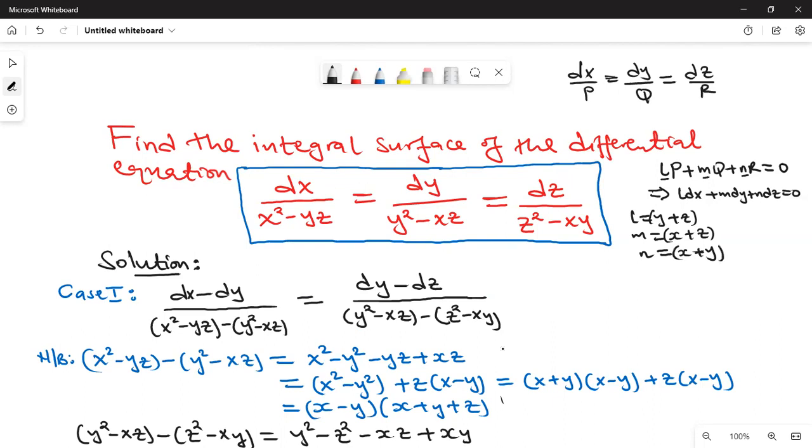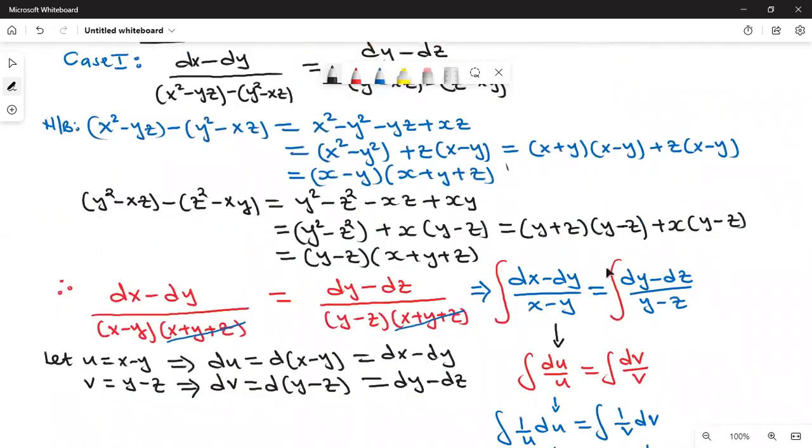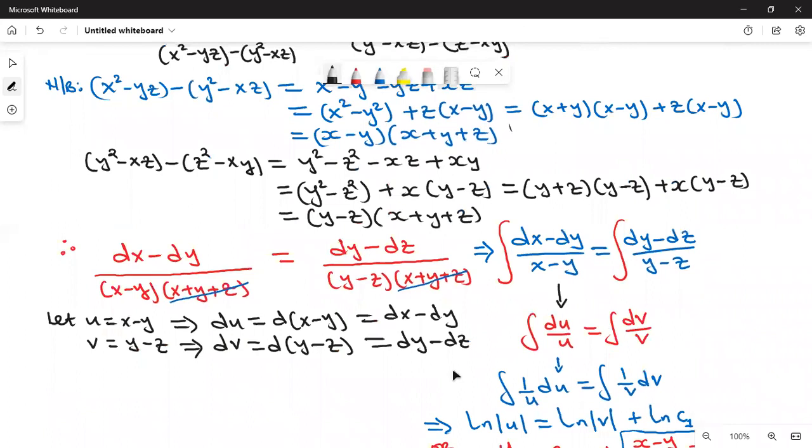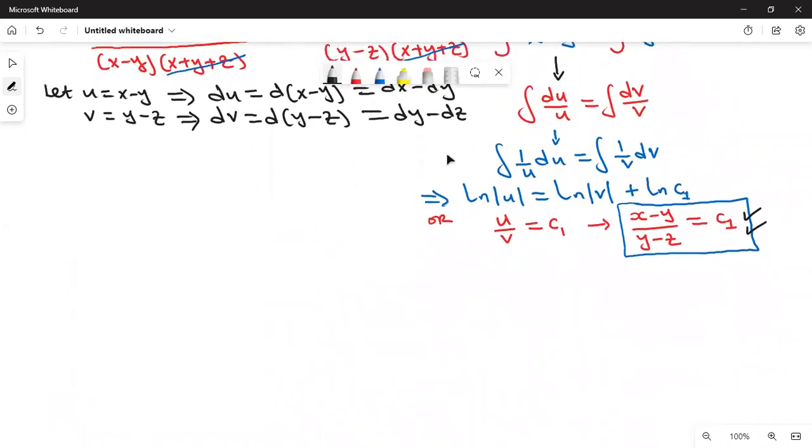Because this is our P capital, the whole of that denominator of dx, the denominator of dy is our Q capital, and that of dz is our R capital. You realize that when you multiply, you're going to get 0 on the right hand side. So having explained how to find those multipliers, that will lead us to case 2.